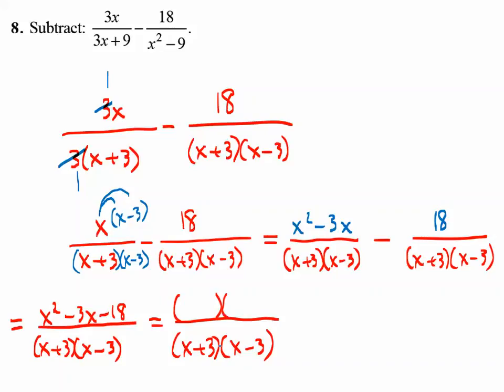So how about x plus 3 and x minus 6? And does anything cancel? Absolutely, the x plus 3's are gone. Alright, I don't need any parentheses because I'm left with a single polynomial on top called x minus 6. No need for parentheses on the bottom because I'm left with a single polynomial called x minus 3.